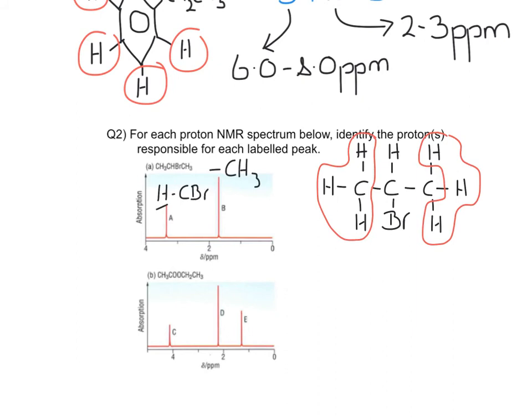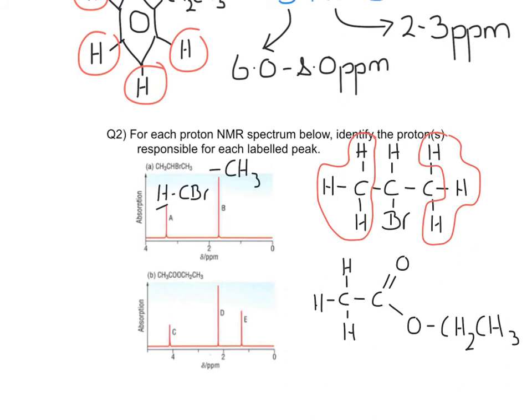Now I'm going to apply a similar method to the ester that's down below. I'm going to draw out the structure just so that I can clearly see what's attached to what. And you can see that we've got ethyl ethanoate, and I'm looking for groups of equivalent hydrogens, but there are none. There are 3 groups, all separate. I've got 3 peaks.